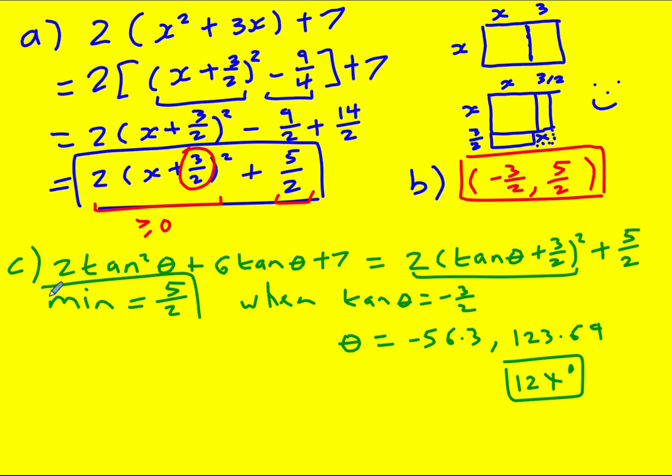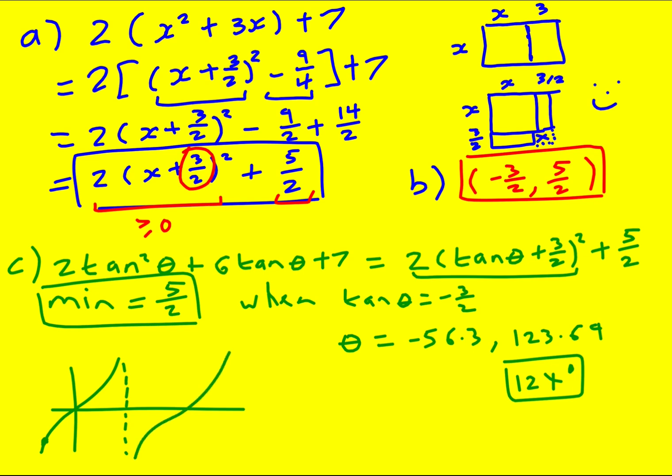Just to show with the graph where that came from, I can draw the graph of tan x, and I managed to find this point here, but I wanted a positive value, and tan x doesn't have the same symmetry that sine and cos have when you're finding other values.